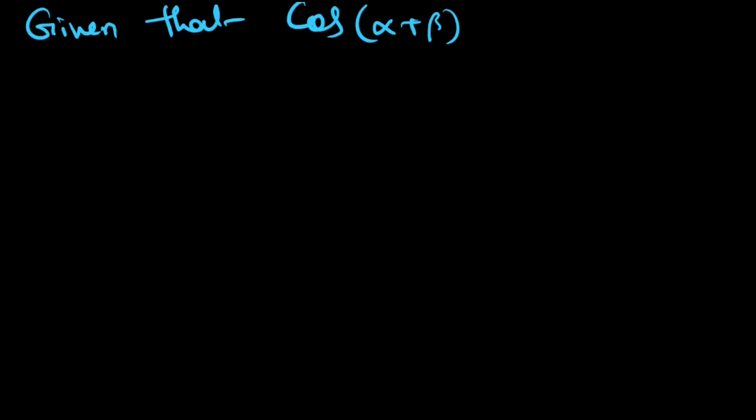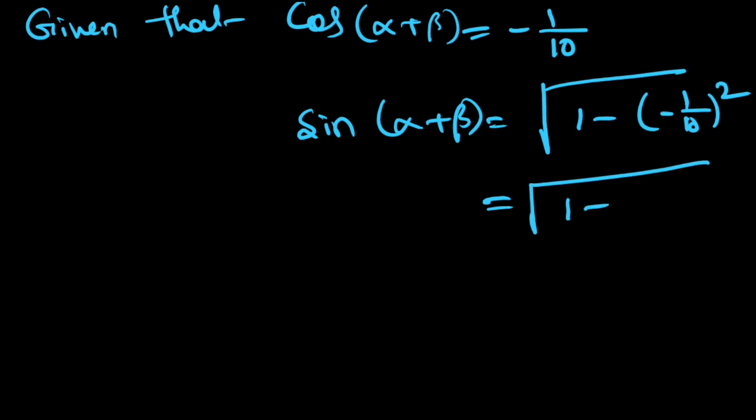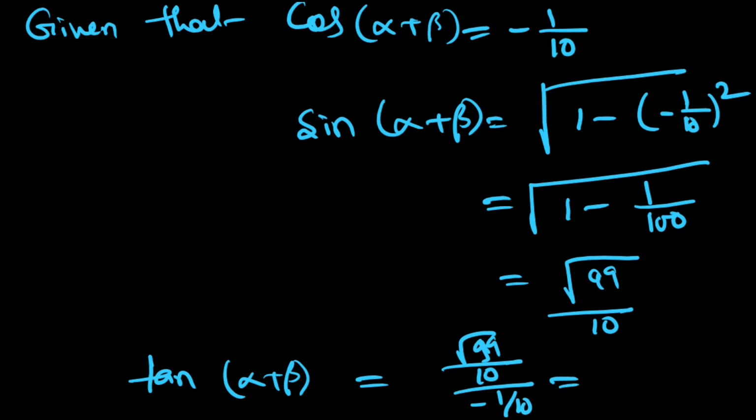Given that cos of alpha plus beta is equal to minus 1 over 10, therefore sin of alpha plus beta is equal to root under 1 minus (1 over 10) whole square. Therefore root under 1 minus 1 over 100, that is root under 99 by 10. Therefore tan of alpha plus beta is equal to root under 99 by 10 divided by minus 1 over 10, that is actually minus root under 99.